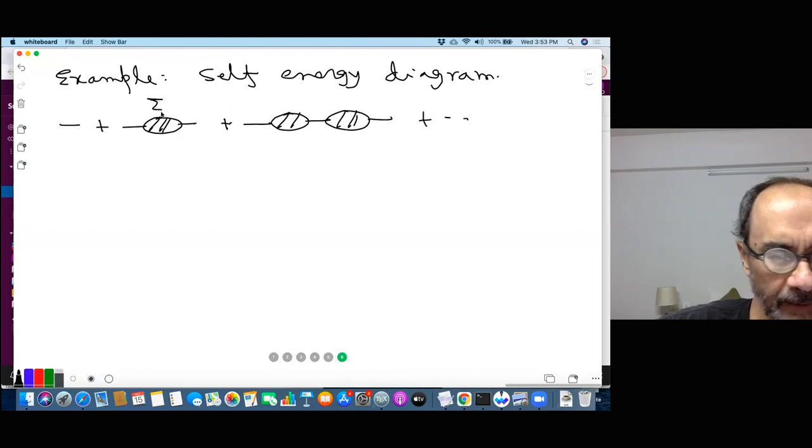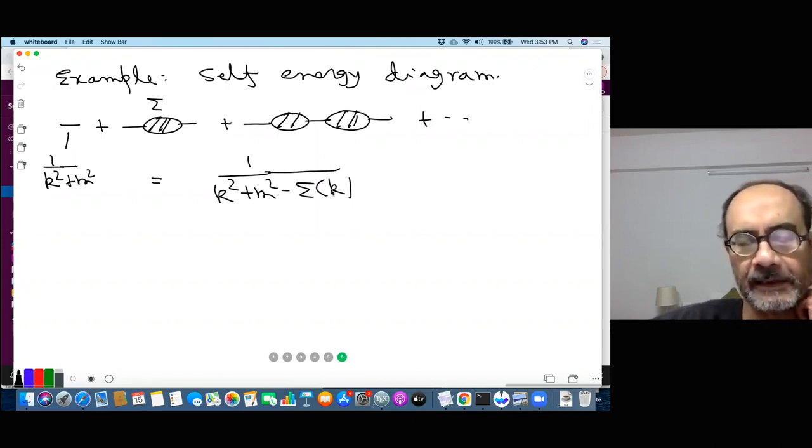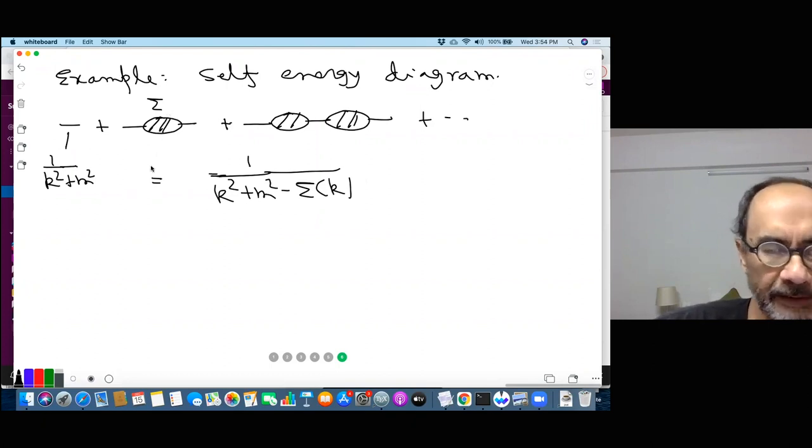If you call this sigma, and this the tree-level propagator, so 1 over k squared plus m squared, then this sum we rewrite as 1 over k squared plus m squared minus sigma of k. And then we can try to look for the poles of this propagator and do LSZ. But what is sigma?